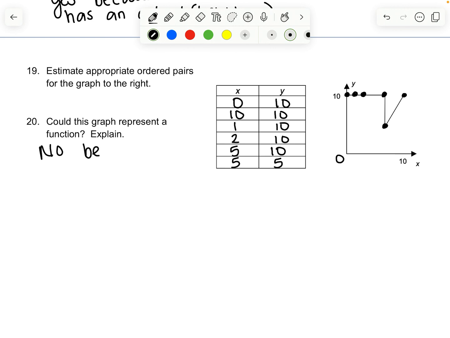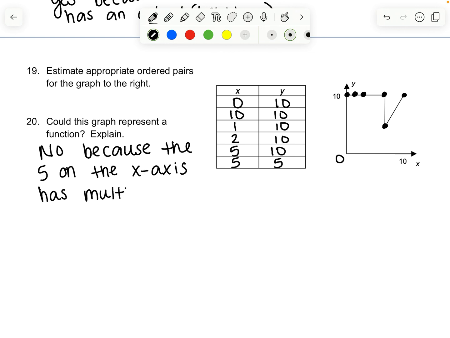No, because the 5 on the x-axis has multiple outputs on the y-axis.